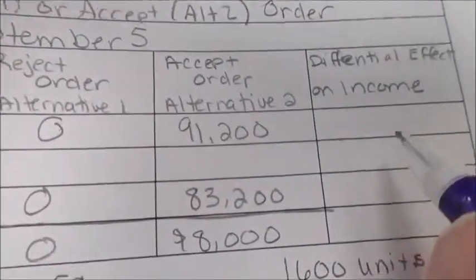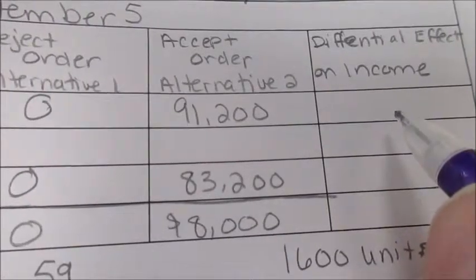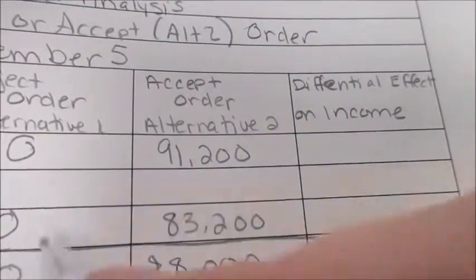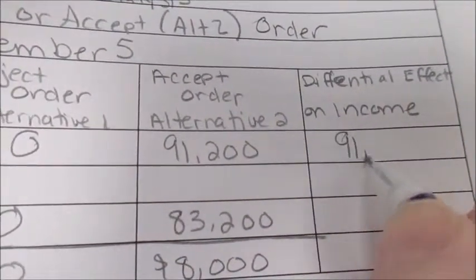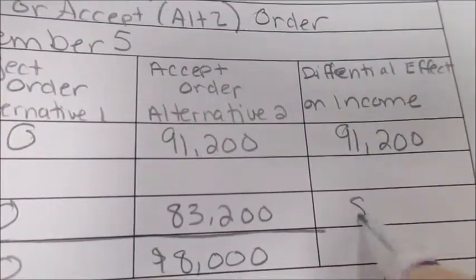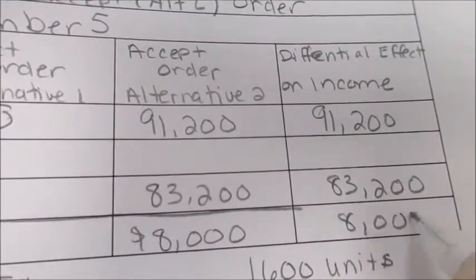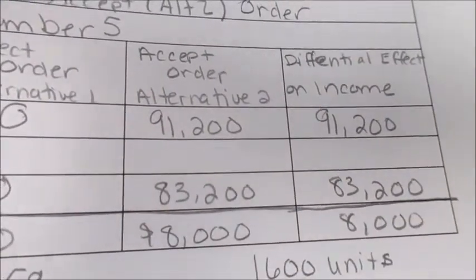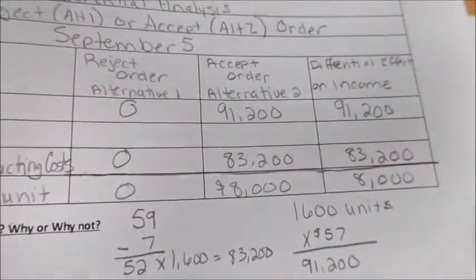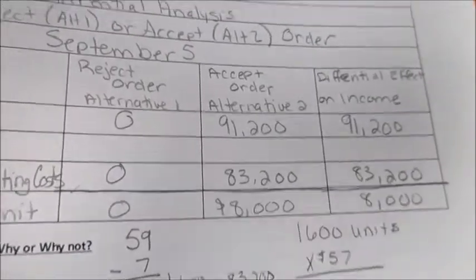Now let's look at our differential. Our first column is all zeros, so our differential column is going to be the same as our acceptance column. Based on our differential column, we're going to make $8,000.